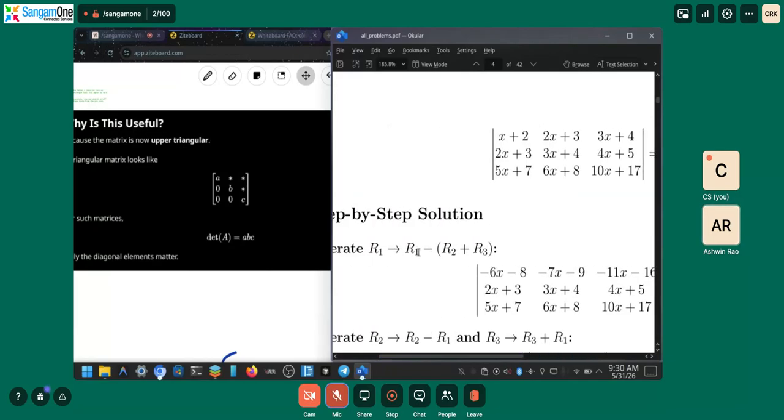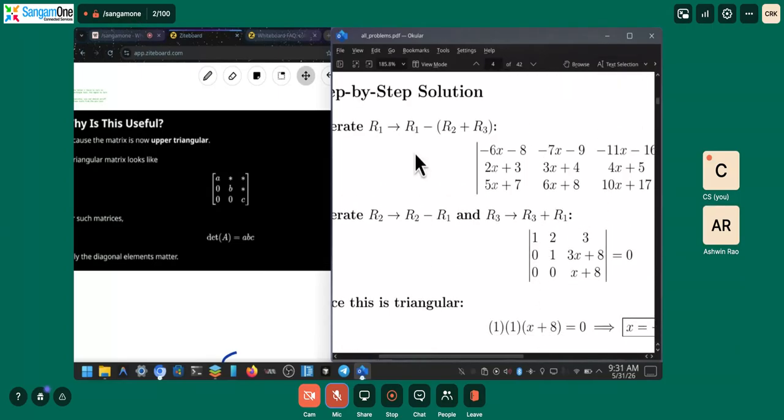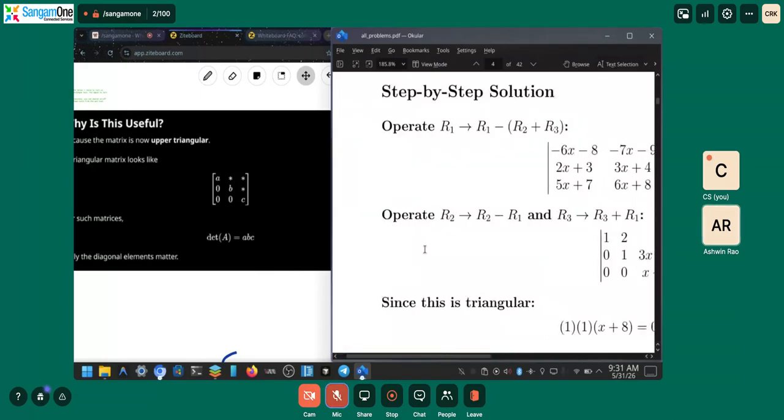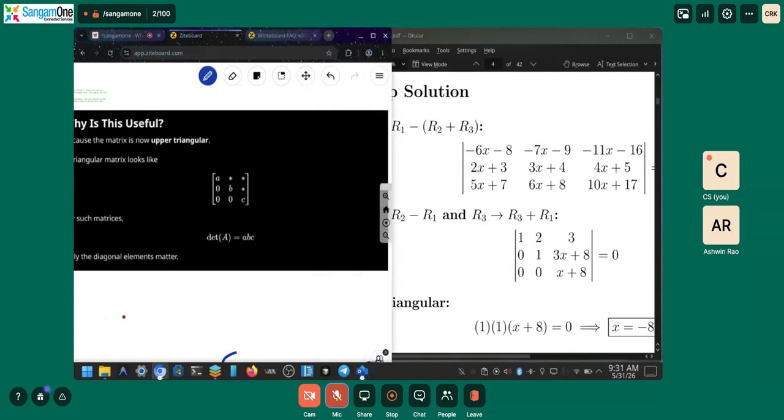This row 1 translates to R1 minus R2 plus R3. Others remain as they are. After that, in another operation, you have to apply R2. R2 means this second row. Then subtract it from R1, like 2x, and 2x, not minus 3, 2x plus 3.